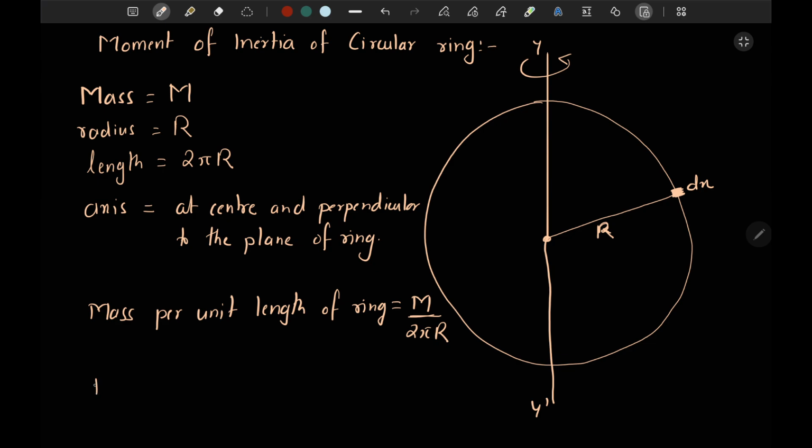So the moment of inertia of this element about the axis y dash will be the mass of the element into the square of the distance.